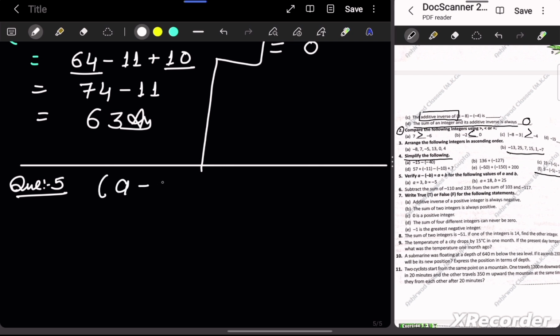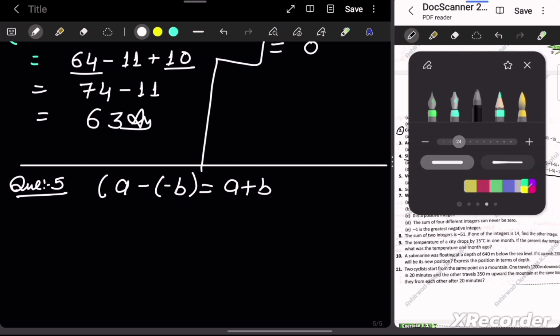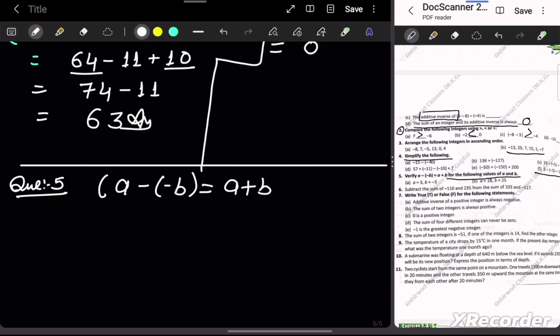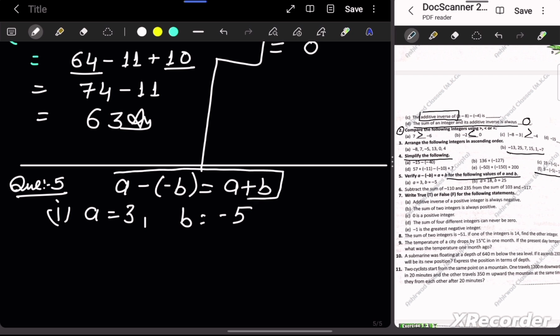A minus B equal A plus B for the following values of A and B. Okay. So A equal 3 and B equal minus 5. Okay, we have to prove A minus minus B equal A plus B.